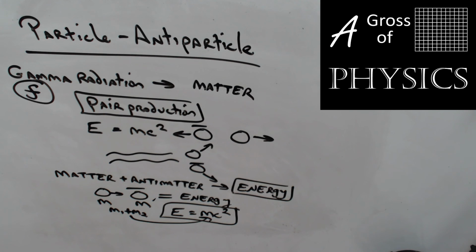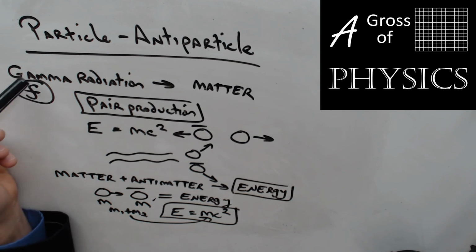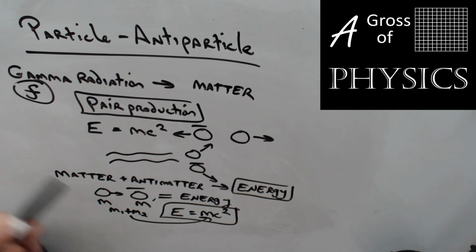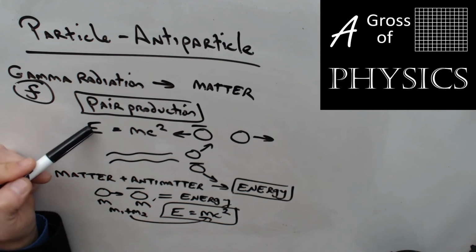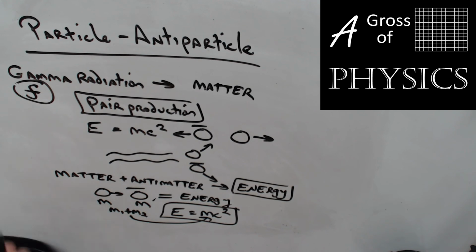Now, different problems may list a proton and an antiproton, or a proton and an antineutron, or something like that colliding. Problems can talk about certain types of light that produce a pair of matter and antimatter. What you'll need to do is possibly figure out the energy of the radiation doing E equals hf, or add the masses together and then do E equals mc squared. If you know the energy of the gamma radiation, you can find the mass, and then divide by 2 to find the mass of each particle. So think of each of these modern physics questions as a puzzle. You're given part of the pieces of the puzzle.